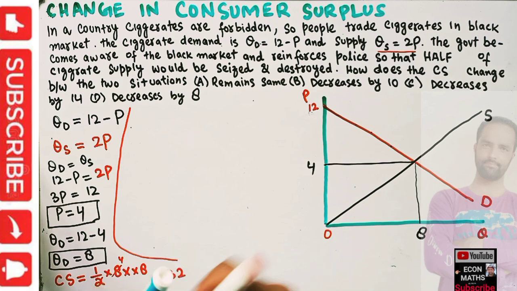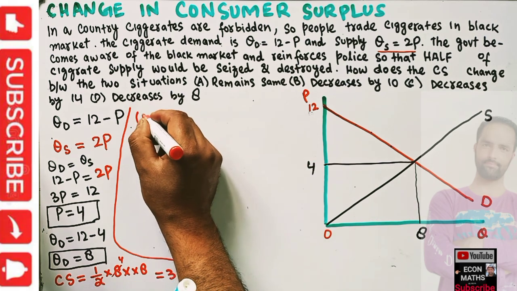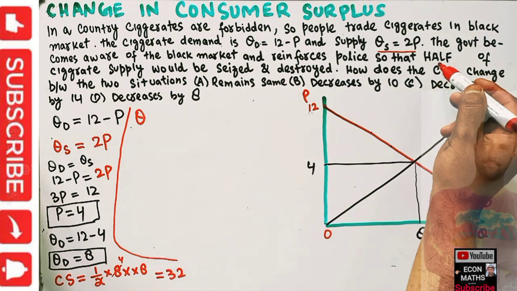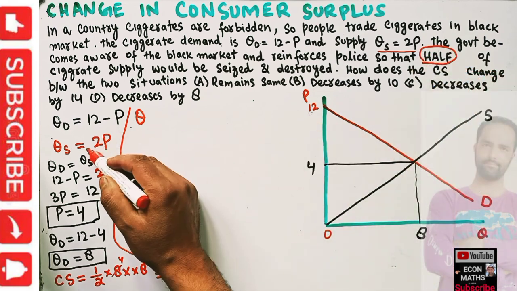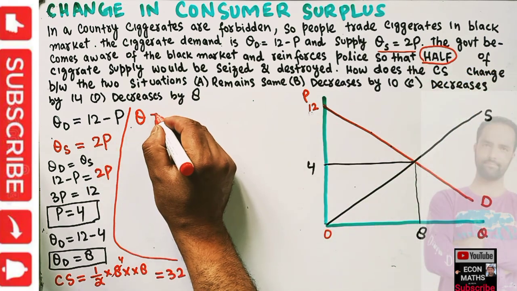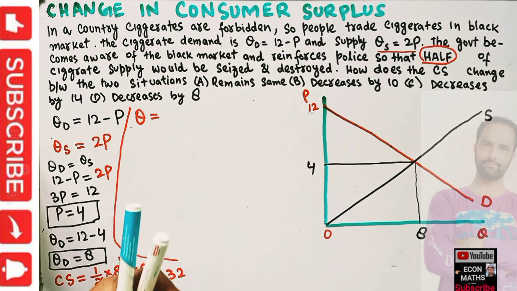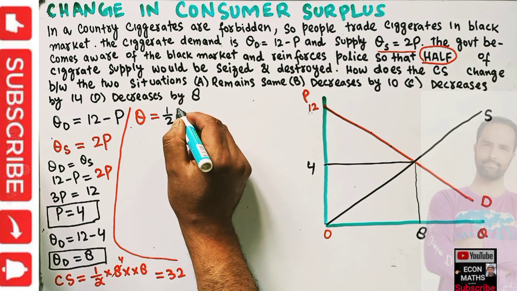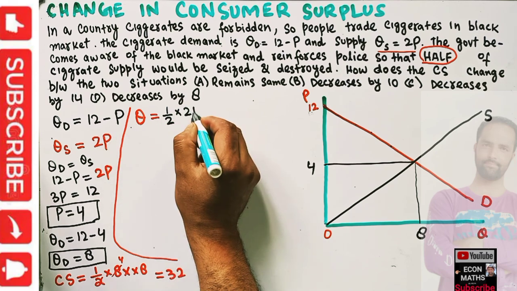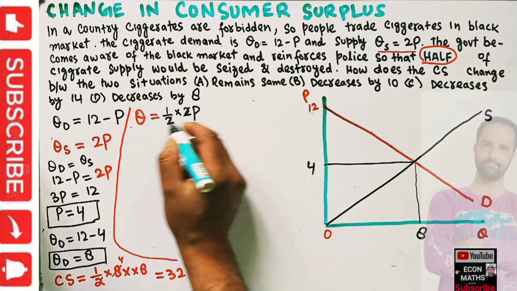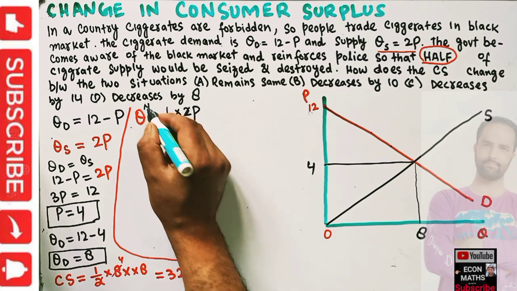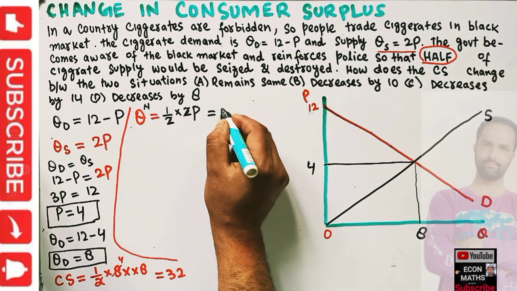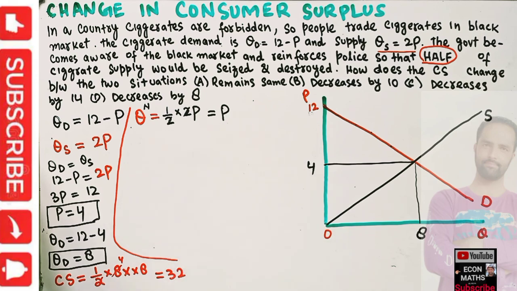So in the new situation, the new supply curve will be equal to, so initially our supply curve was 2p. Since the government destroys half of the supply, it is half, 1 upon 2 into 2p. So this gets cancelled, so the new quantity supplied will be equal to only p.